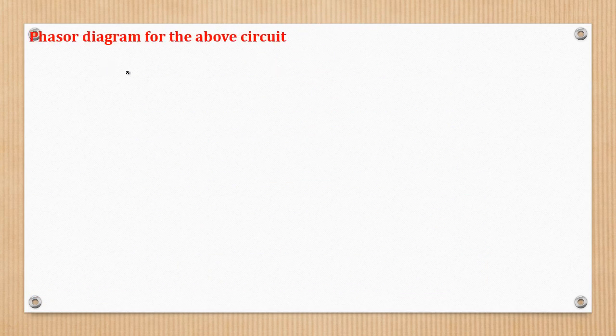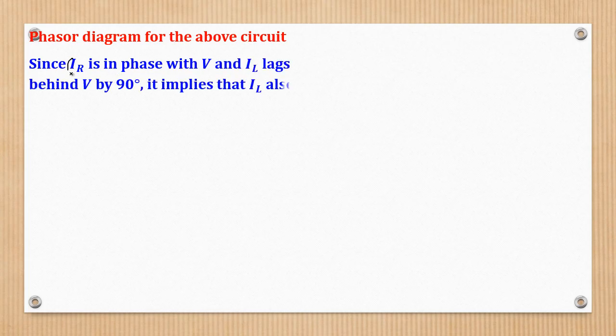So, the phasor diagram for this above circuit: we already know that current through the resistor is in phase with the voltage, but the current through the inductor lags behind the voltage by 90 degrees.